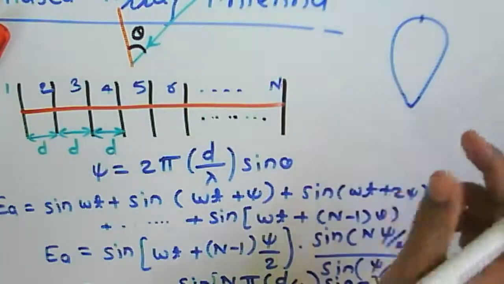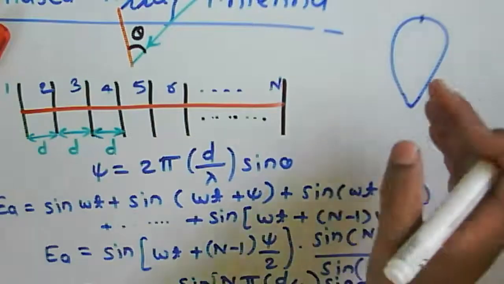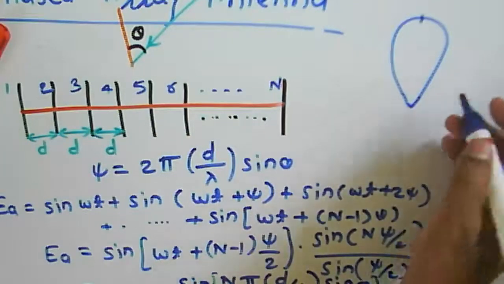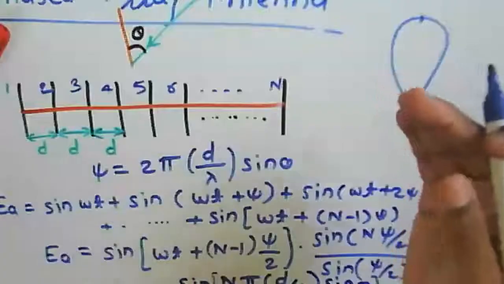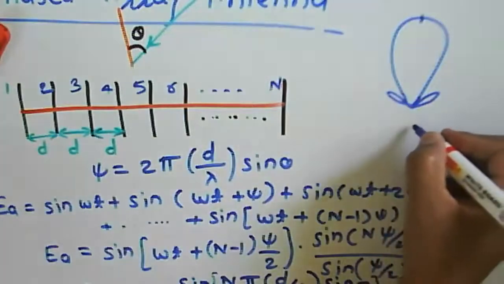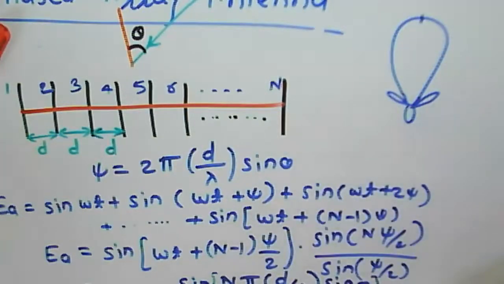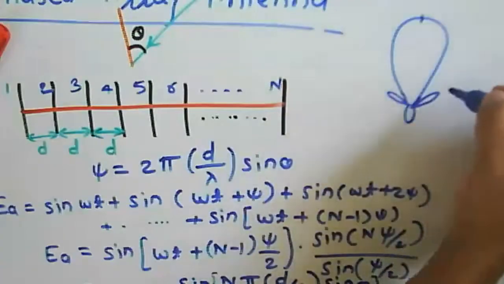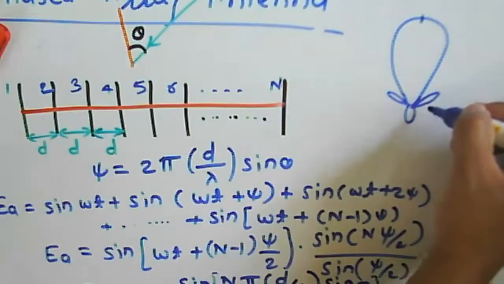Otherwise, if the term sine of theta is not equal to that particular term, in that case we get another pattern, meaning the radiation intensity can have side lobes, or we can say back lobes, but only at this particular sine of theta, n lambda by d, are we getting the maximum intensity. Other than that, we are getting maxima at these side lobes, which are called grating lobes.